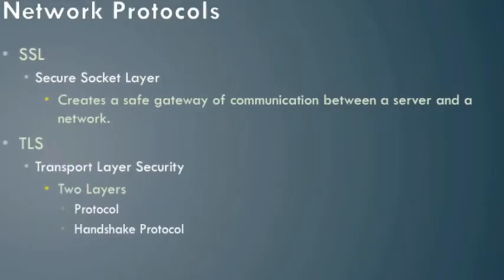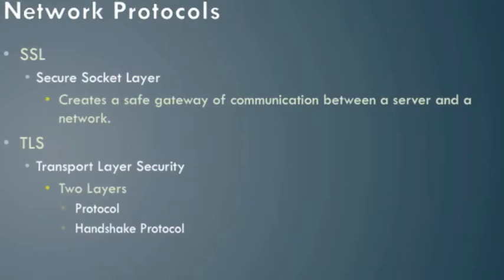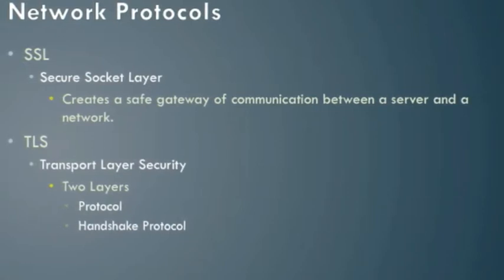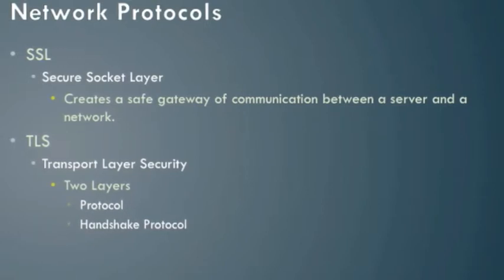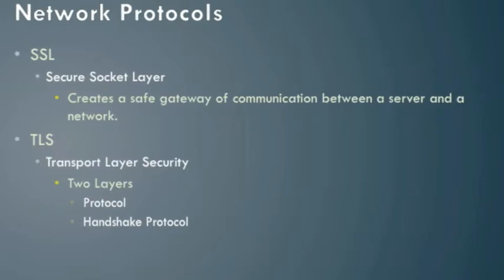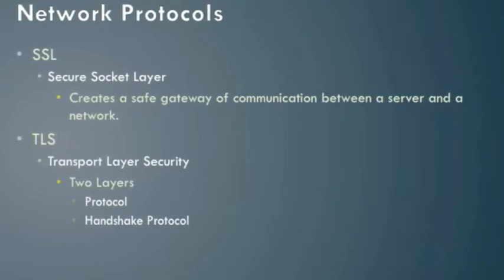Alright, now we're going to talk about SSL, or Secure Socket Layer. What SSL does is create a safe gateway of communication between a server and a network. SSL was first intended to be used alongside HTTP, but it has grown to become its very own important security protocol. SSL has many functionalities such as web browsers and email.